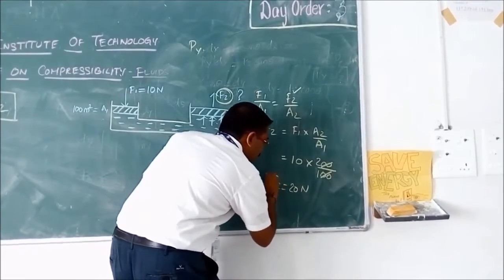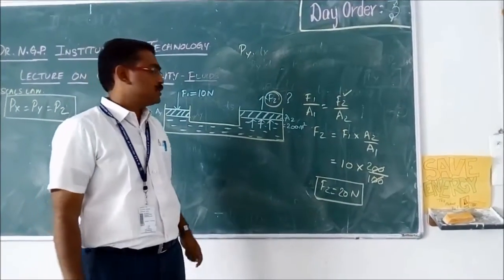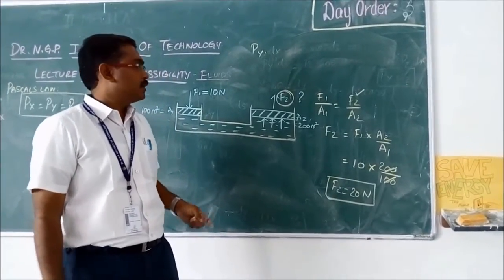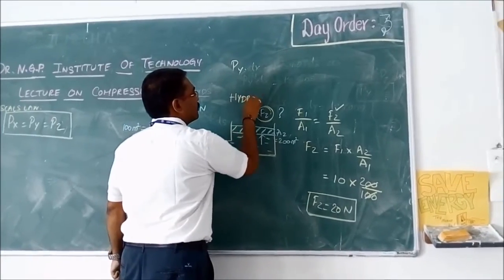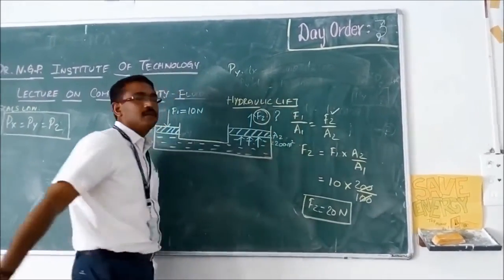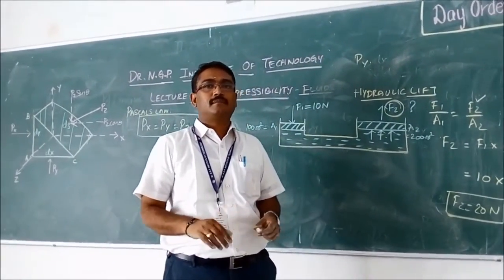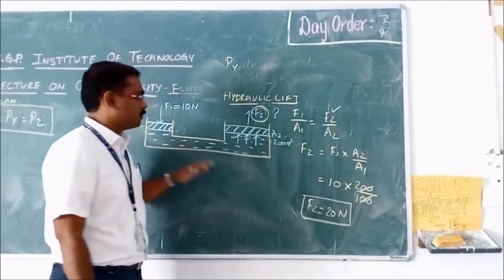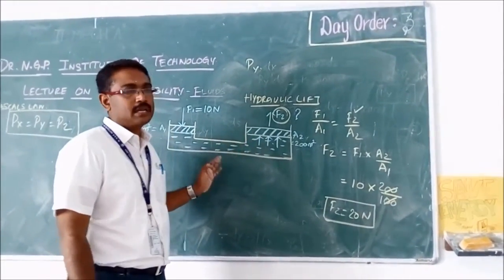That is, F2 is equal to 20 Newton. This is how the force is being multiplied, okay, and it is being applied in an example called hydraulic lift that works on the basic principles of Pascal's law. From F2, it is very much clear that F2 is increased because the area of section 1 and section 2 is different.